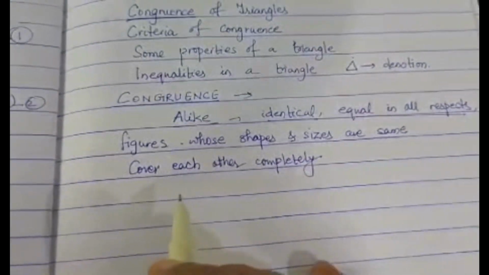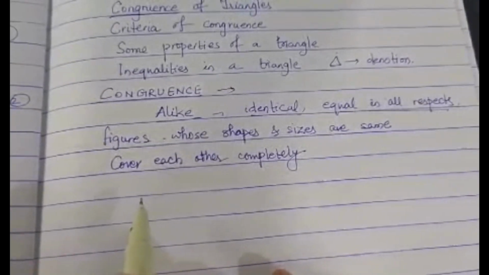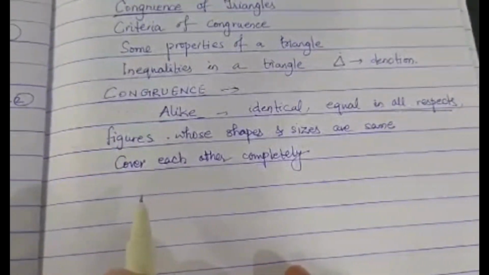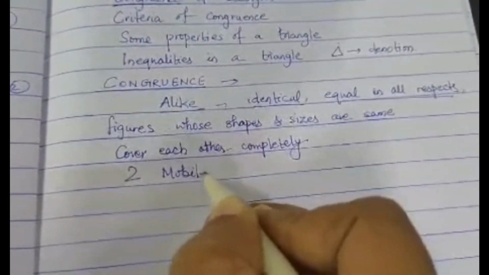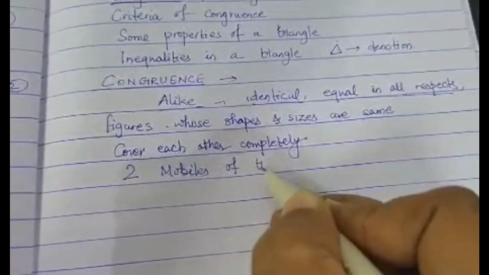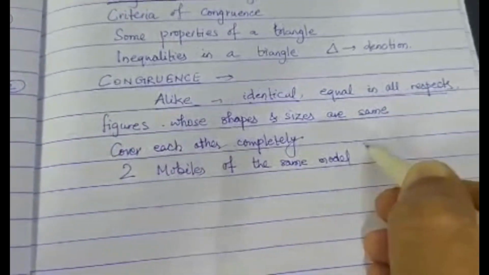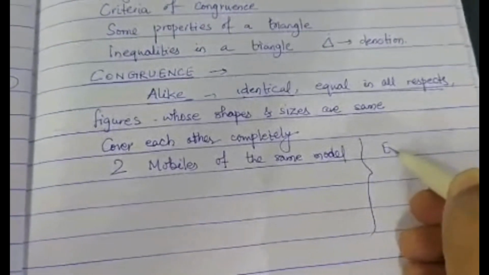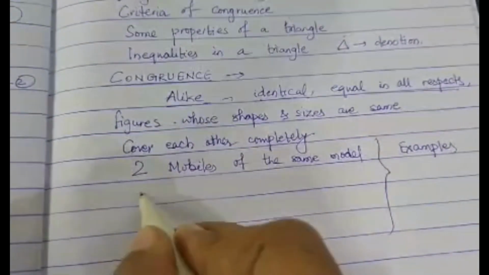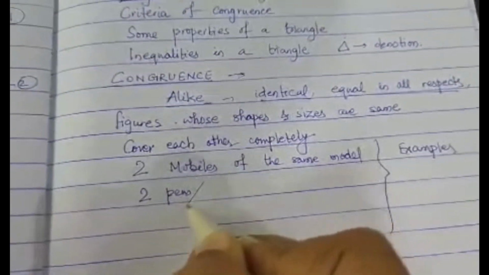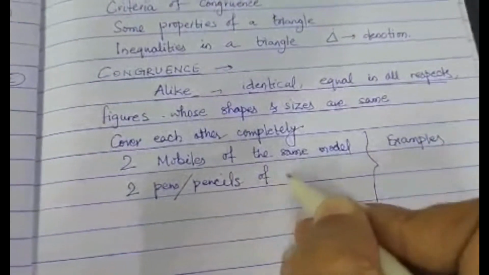Suppose you are having two pens or two pencils of the same shape and size, they will cover each other completely. Now suppose you have two mobiles of the same model. Let us write the examples of congruent figures. Two mobiles of the same model, two pens or pencils of the same type.